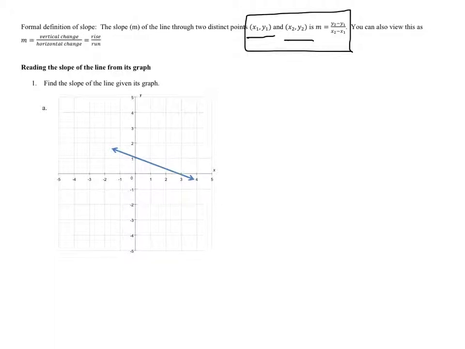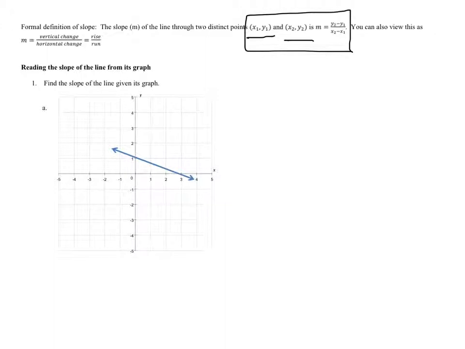First, you're going to do vertical movement and then horizontal movement. In many books, they call that rise over run. So now, the first example we're going to do is let's just read the slope of a line from its graph. So I always think of a slope as a map from going to one point to another.